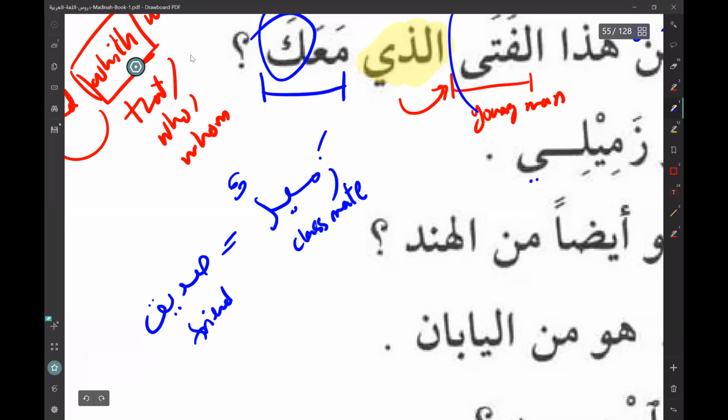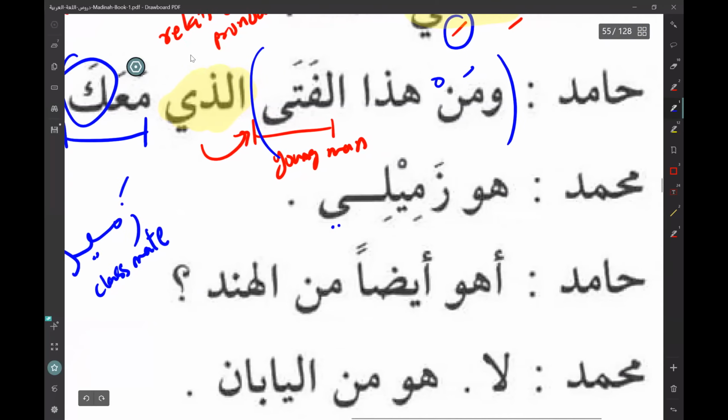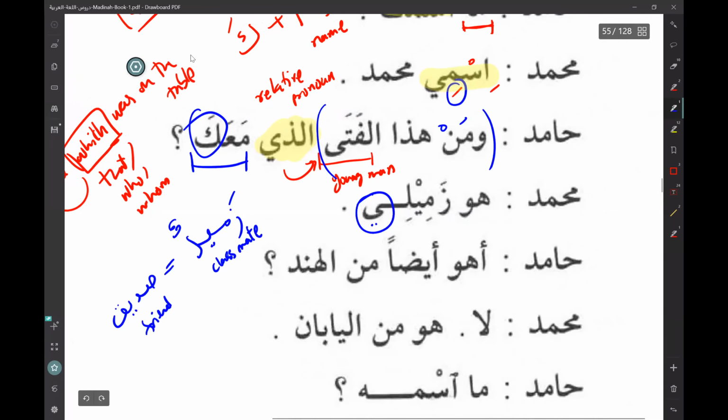You know, special type of friend, classmate, your co-workers. Your peer. You understand? So zamil is classmate. It's a good word. It comes often. You should memorize it. Now we have ya. So now it is my classmate. He is my classmate.